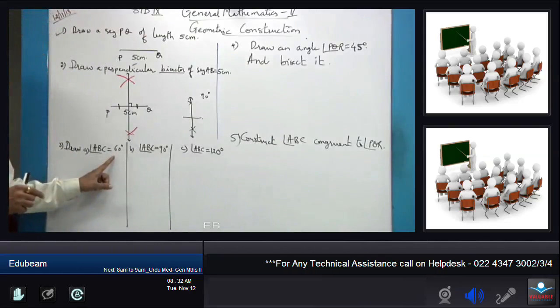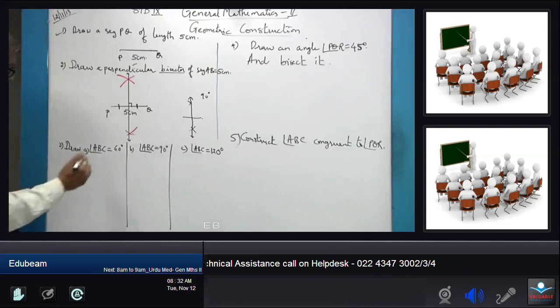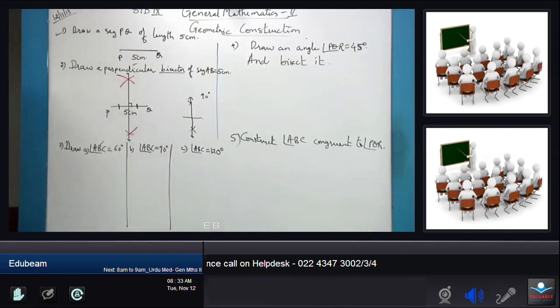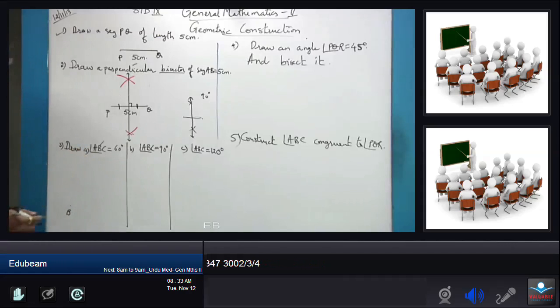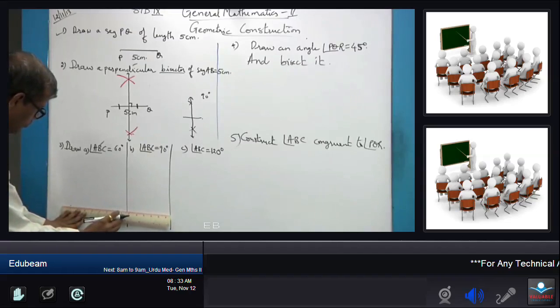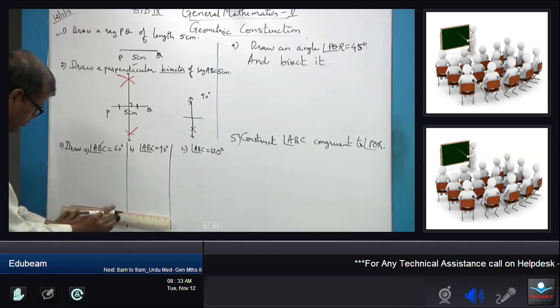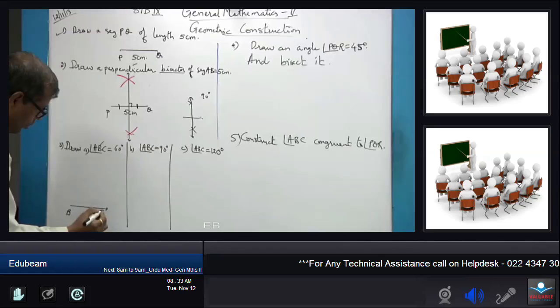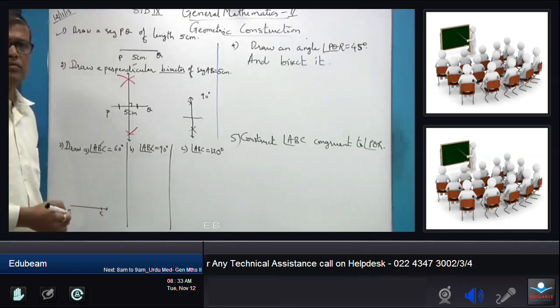Draw an angle ABC of 60 degrees. Angle ABC, so B is in the center. So this is your point B, and you have to draw a line or a ray. On this ray you take C, not close to it, but on it.